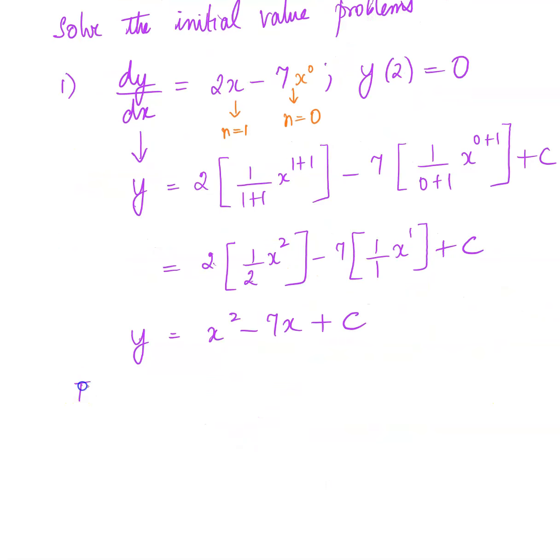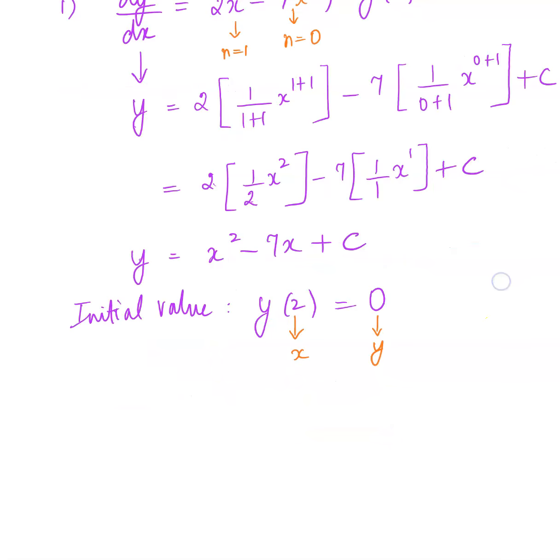Where an initial value says y of 2 is equal to 0, which simply means that this is your x and this is your y. Go ahead and plug that into this equation. So 0 equals 2 squared minus 7 times 2 plus c, all this to find c.